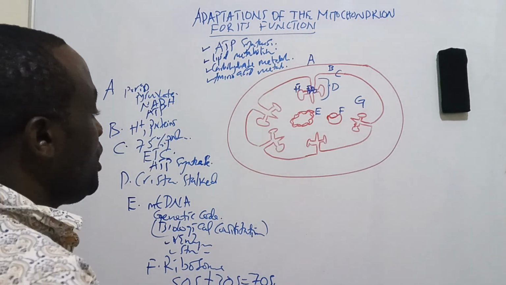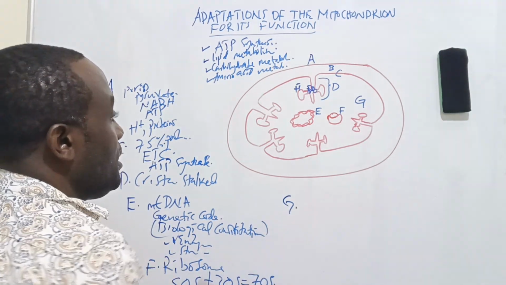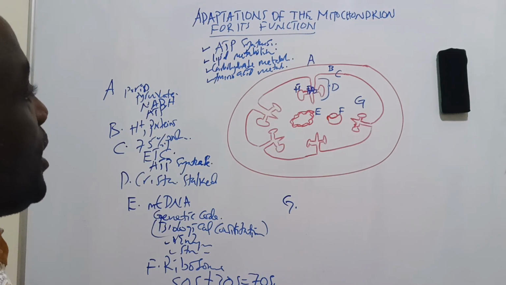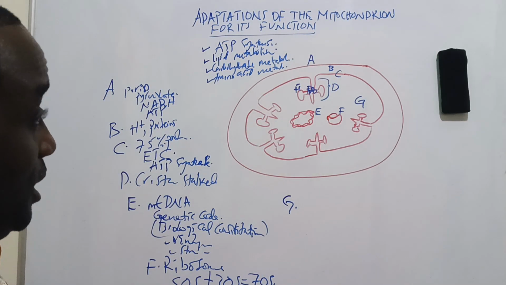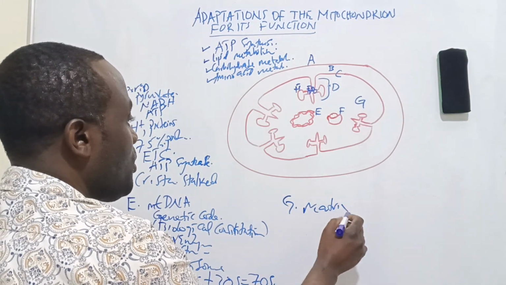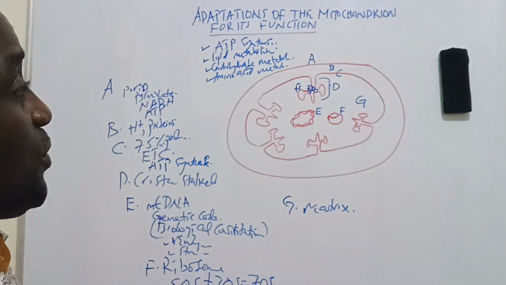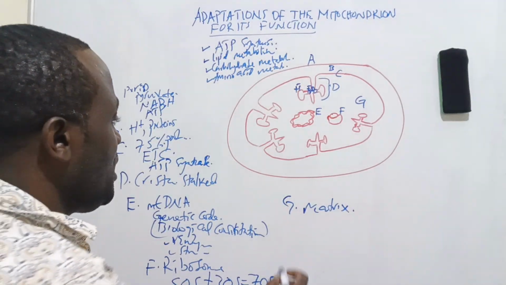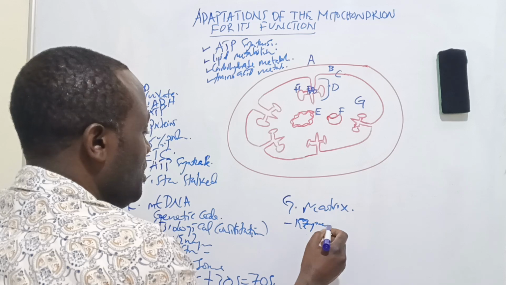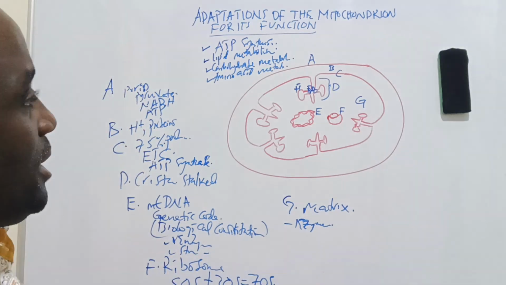Now, there is also part G. This part G you see here is the matrix. The mitochondrial matrix is semi-fluid. It contains enzymes.